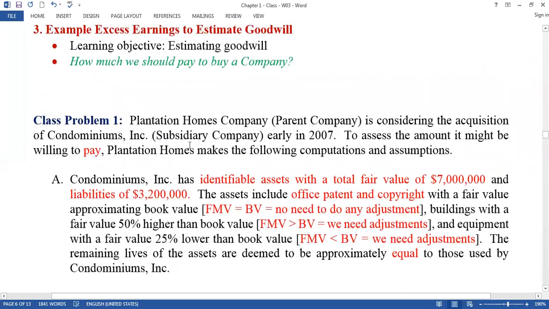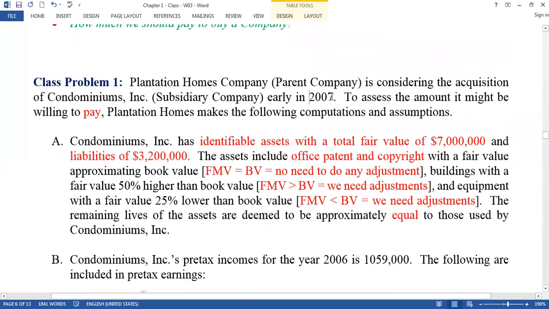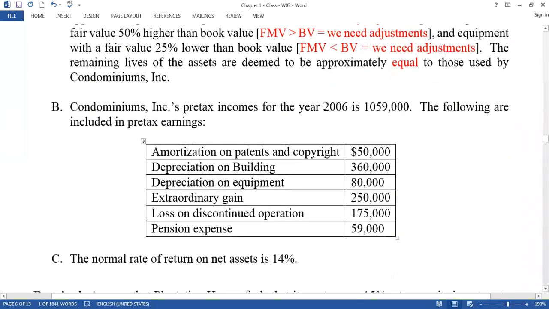As we are going to buy this company in the coming year, we are going to analyze their previous year's income, right? This is the previous year before buying this company. We received only one year of information.